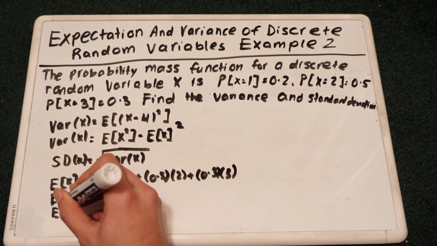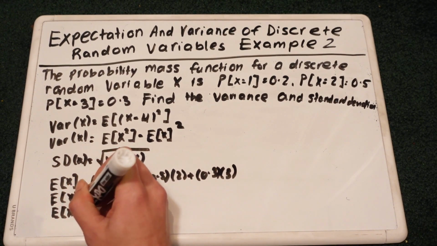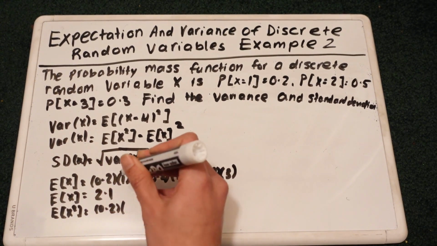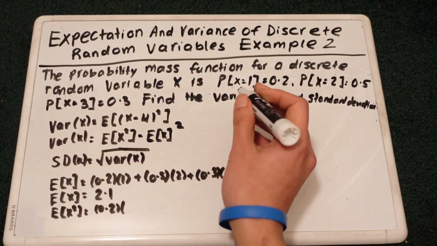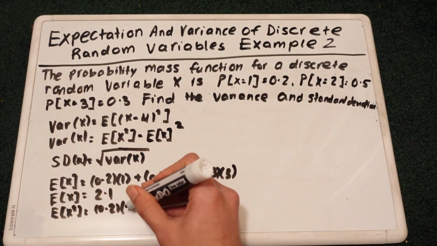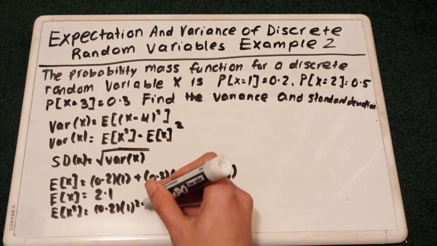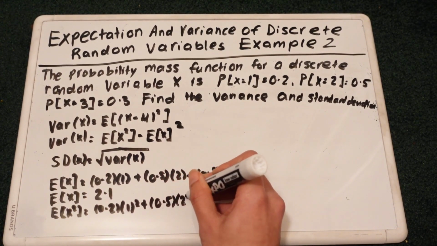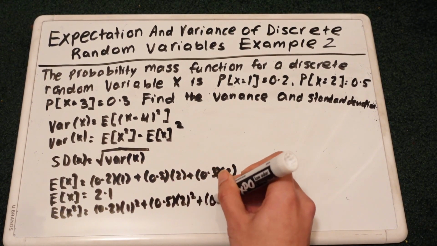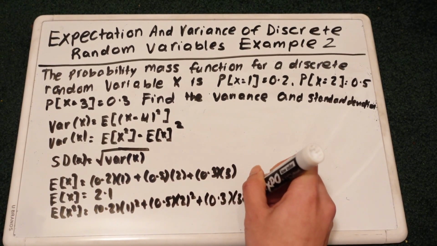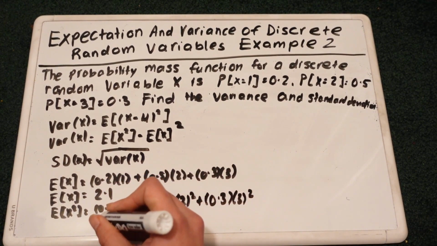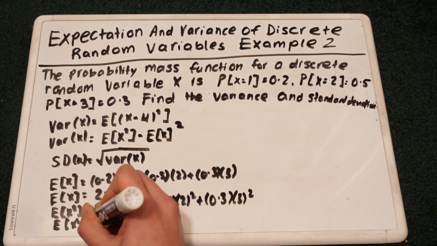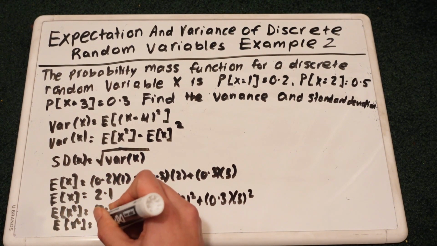The expectation of X^2 would just be 0.2 times 1 squared, since all I'm doing is squaring the X, plus 0.5 times 2 squared plus 0.3 times 3 squared. Simplified from here, it would be 4.9.